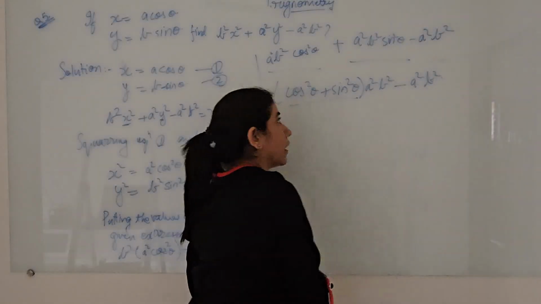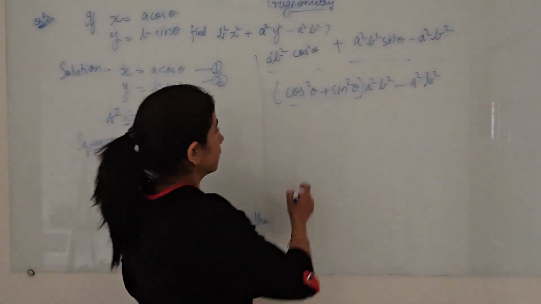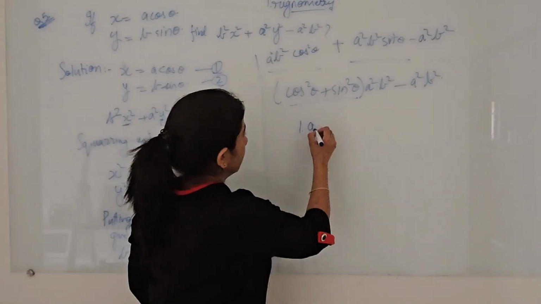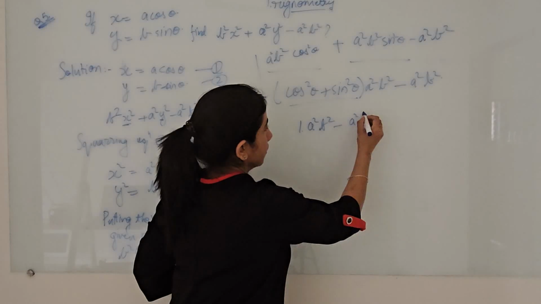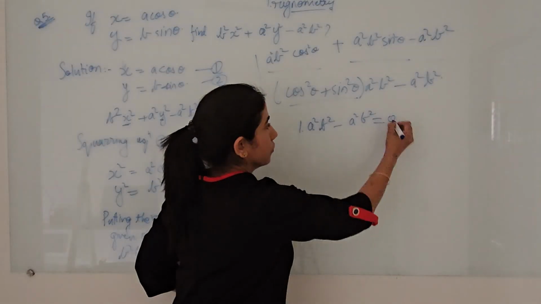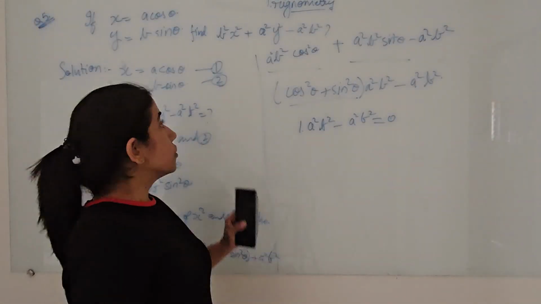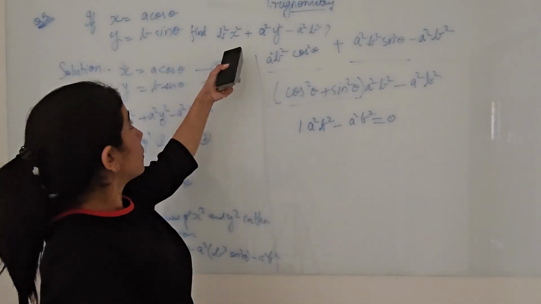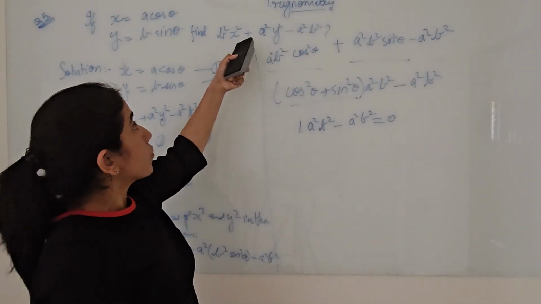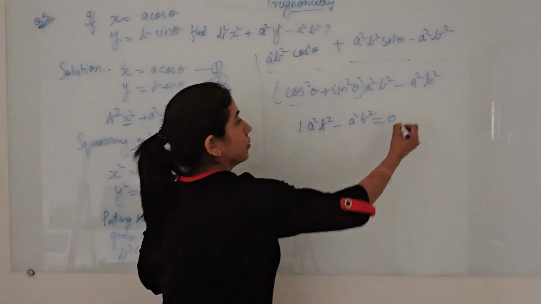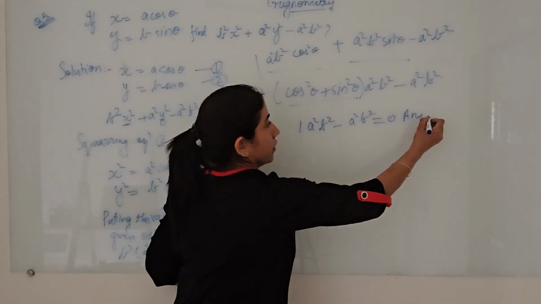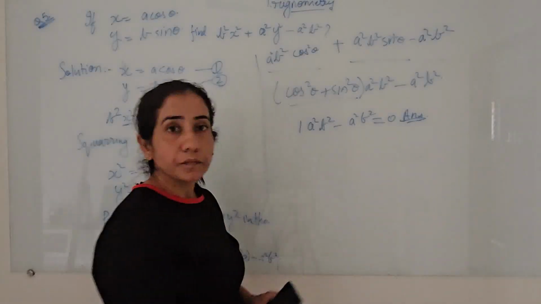Now we all know the value of this is 1, so I am left with a square b square minus a square b square, that is equal to 0. Okay, so the value of the given expression, that is b square x square plus a square y square minus a square b square, is equal to 0, and that is my required answer.